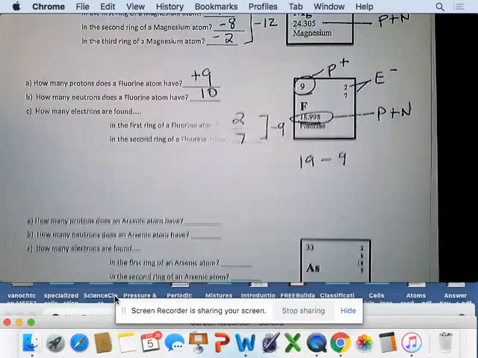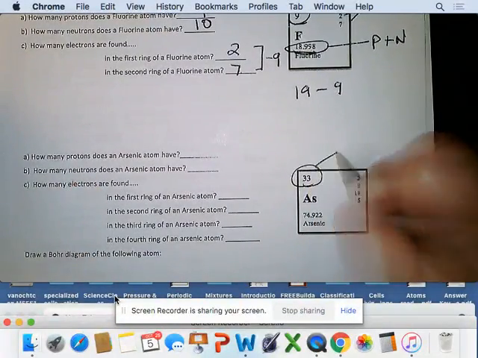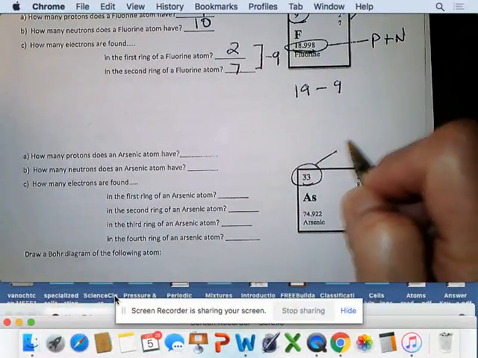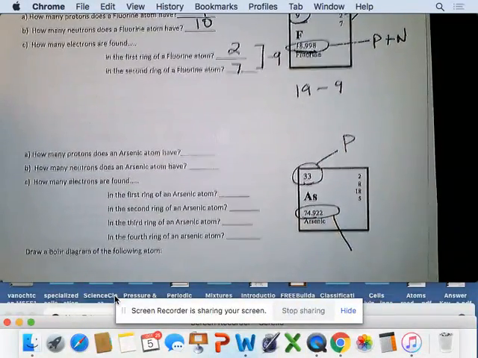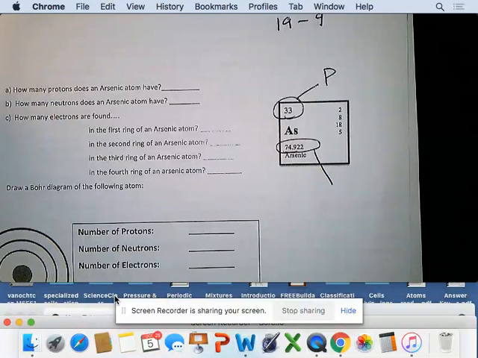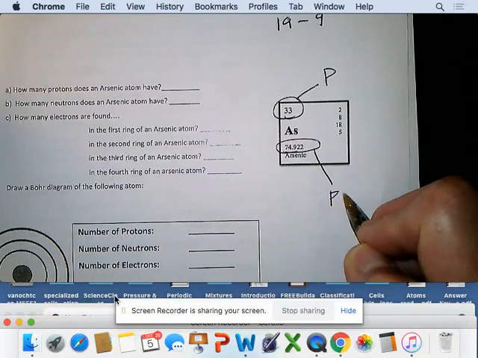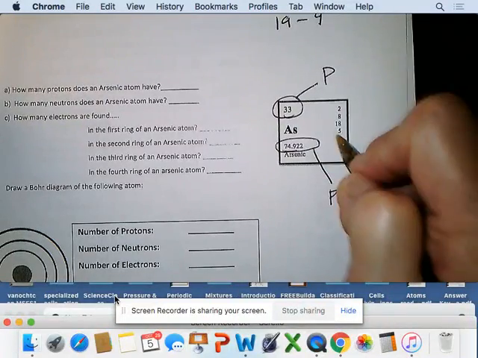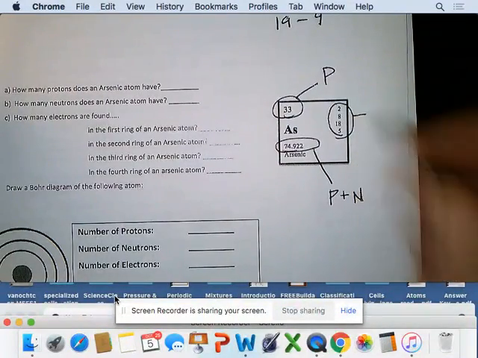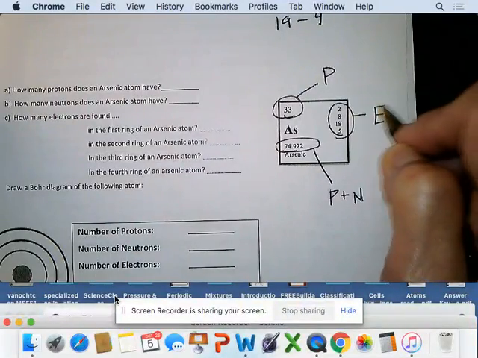Okay, Carmen, how about you on the next one? So what is this number going to tell us up here? Right, and what is this number going to tell us down here? Very good. And then what is this going to tell us here? Yeah, number of electrons in each ring.